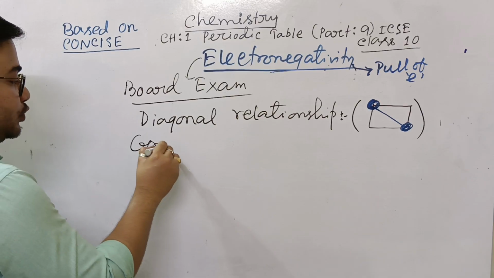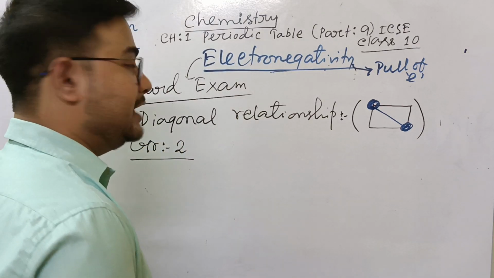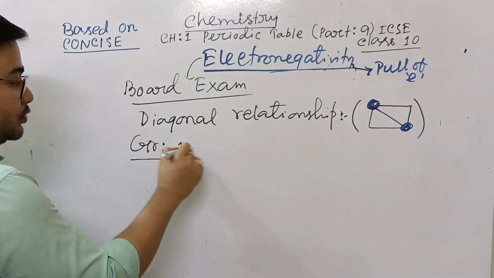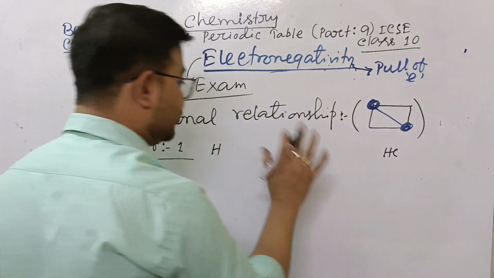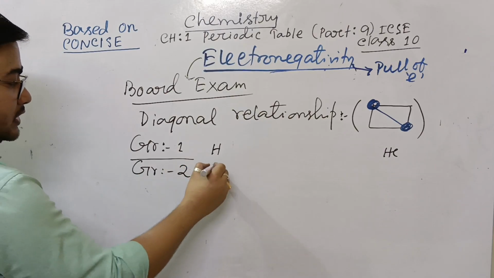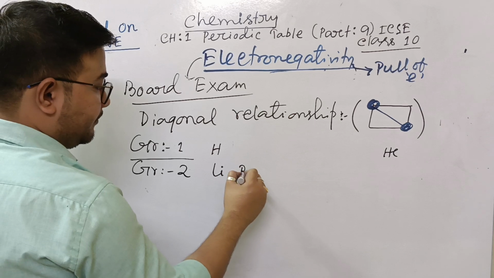First, in group 1, the first element is hydrogen and at last helium, only 2 elements are there. In group 2, lithium, beryllium.